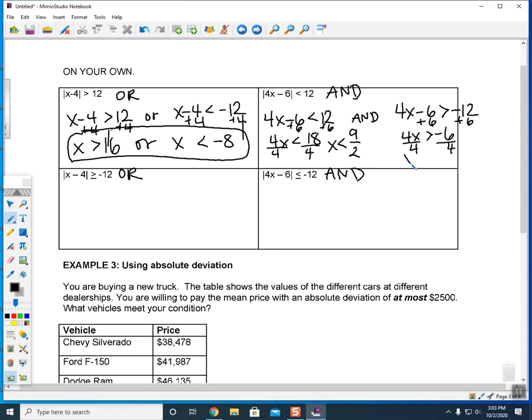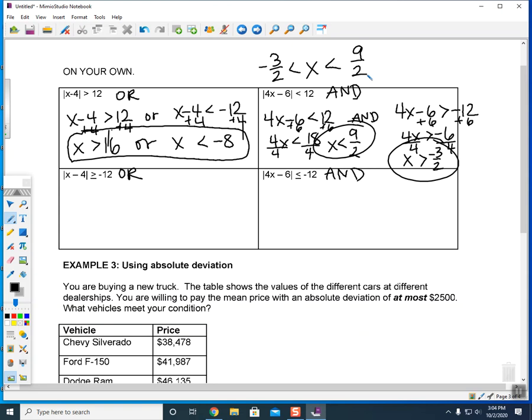I get that x is greater than, I can simplify this, negative 3/2. So I've got negative 3/2 and 9/2. And if I were to write this as my compound inequality, my minimum is negative 3/2 is less than x is less than 9/2, right? If I were to write my solution, normally that's what that would look like.